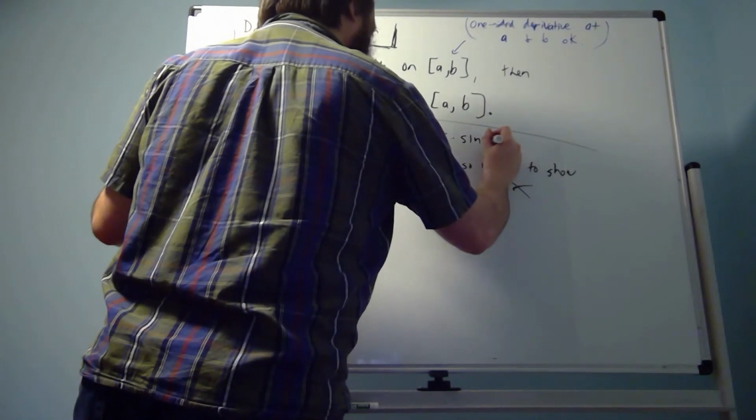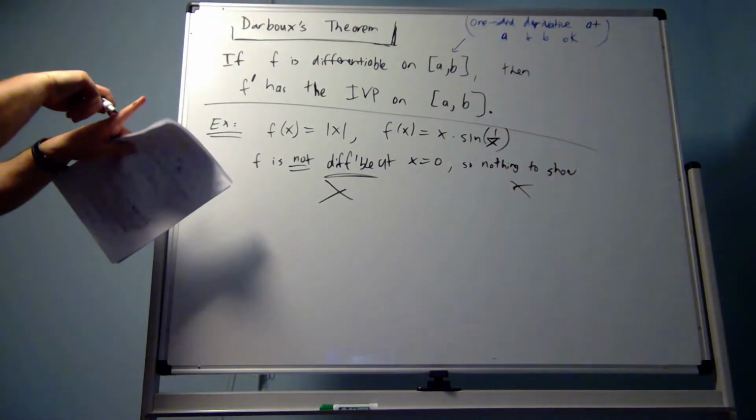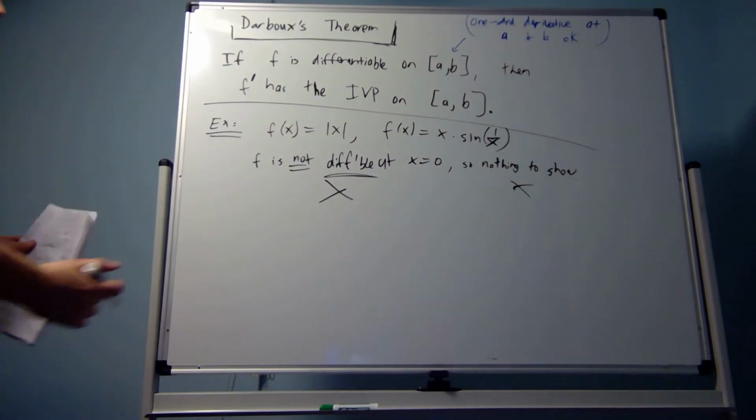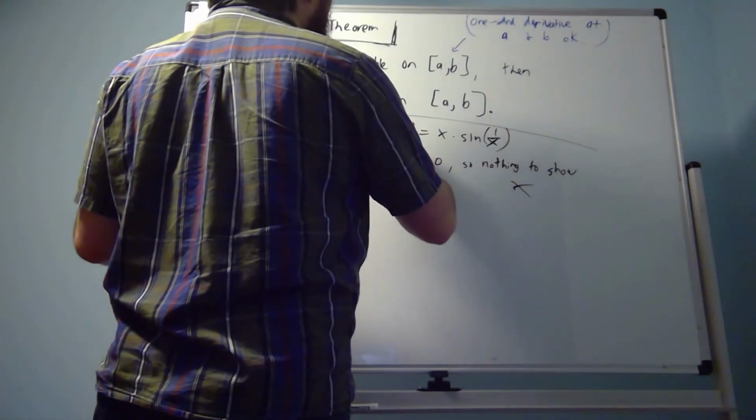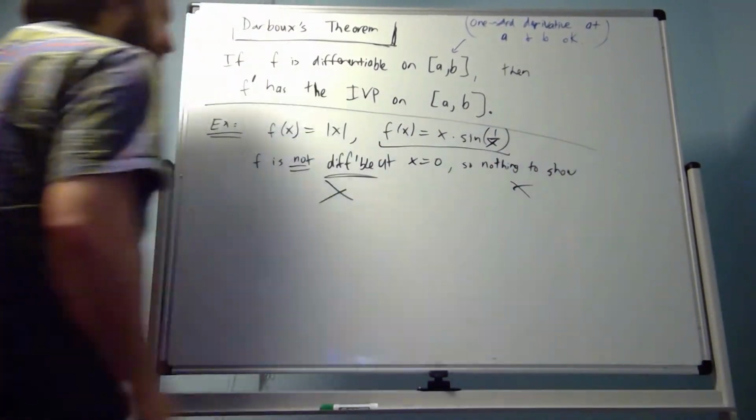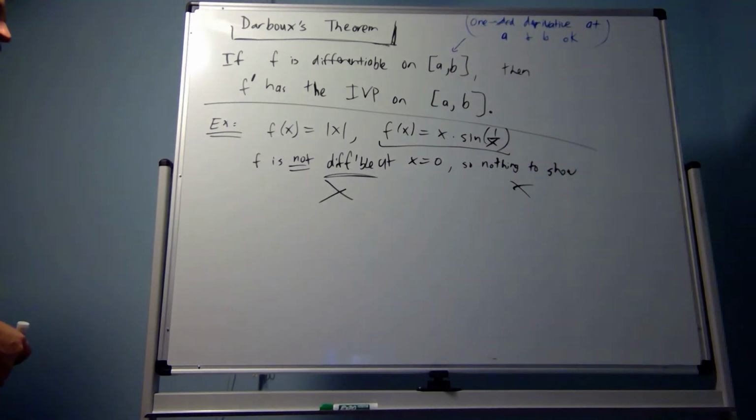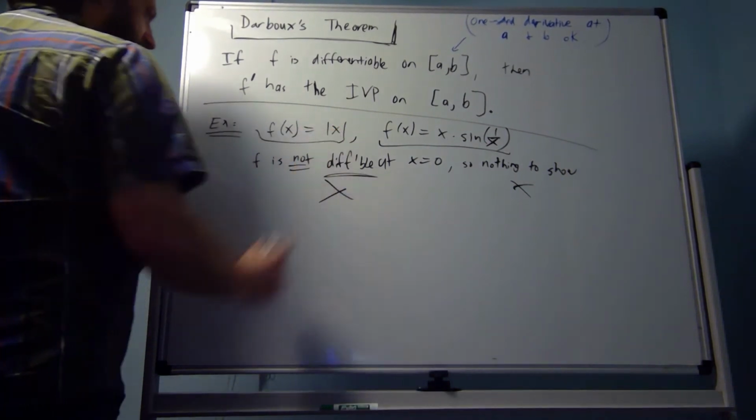This is an example that we looked at earlier: x times sine of 1 over x. The slopes approach plus or minus 1 as x approaches 0, but it wobbles back and forth. So both of these are examples like this.